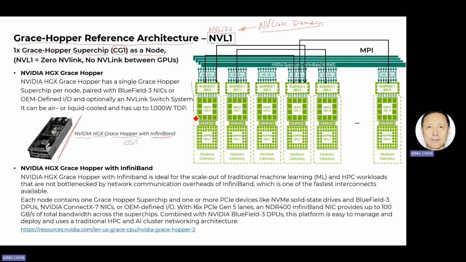Here, what you have is a logical architecture of this CG1 node. Basically, you have one CPU and one GPU. The CPU and the GPU are interconnected by this C2C network.